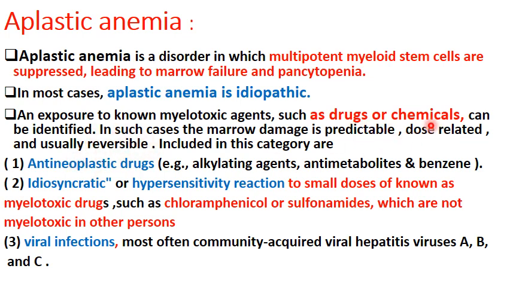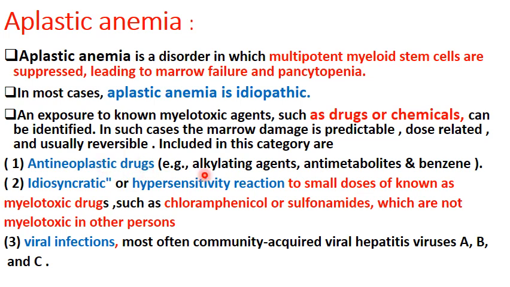When we withdraw the drug that causes this marrow damage, the marrow will get back to its normal condition and normal productive function. However, the idiopathic type has a poorer prognosis, of course, because we don't know the cause.